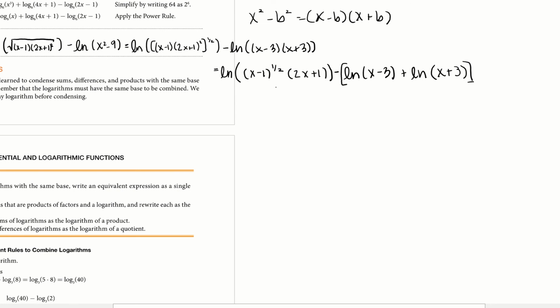Now I can break these up here into ln of x minus 1 to the half plus ln of 2x plus 1. And that's a plus. I can't go any further with that one. And I'm going to distribute this negative.